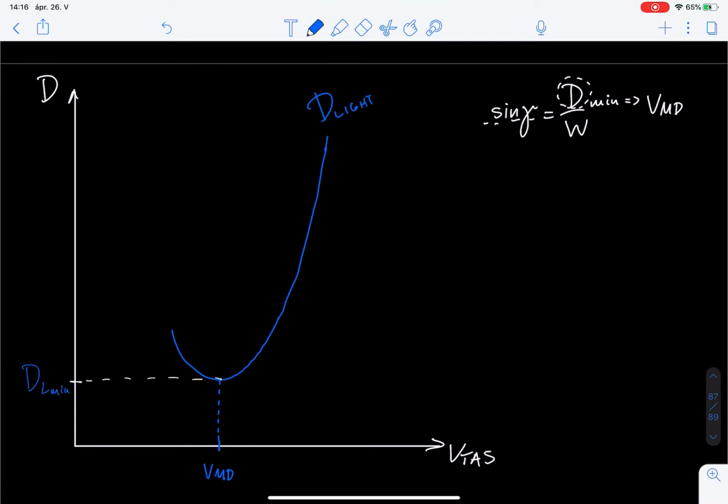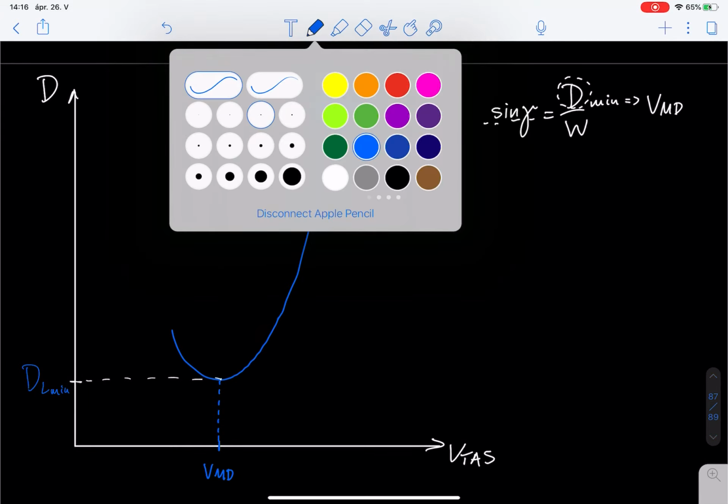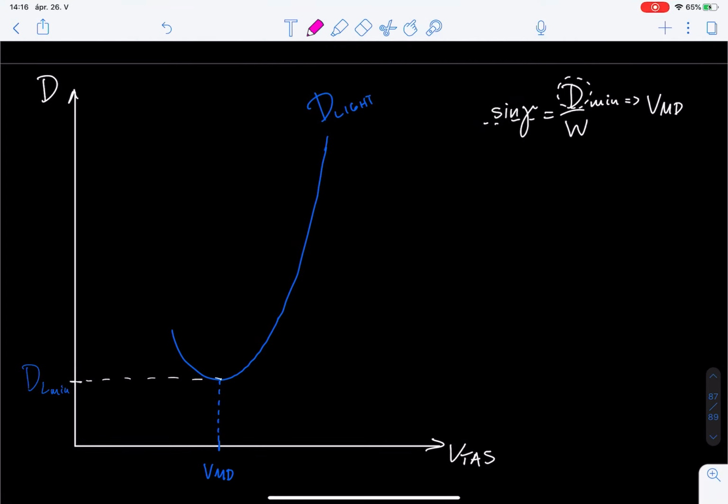Okay, so what happens when you increase the mass of the aircraft? We already stated that the gamma would be unchanged. However, the whole curve moves up and to the right. And so the curve essentially looks like this one. So the drag heavy, right?